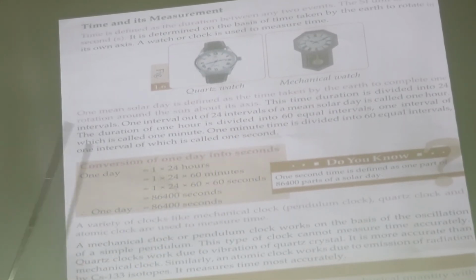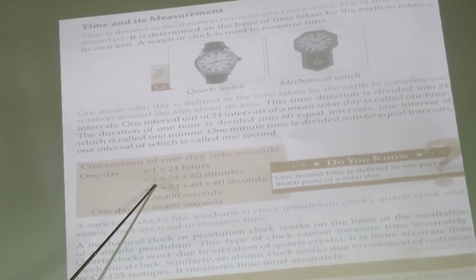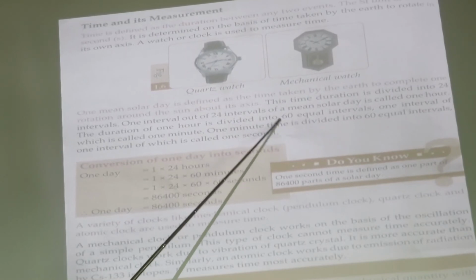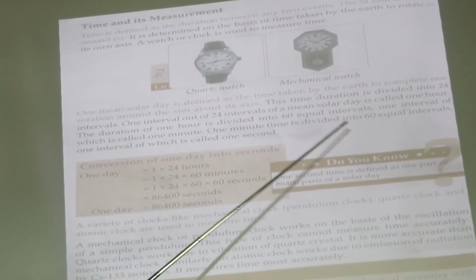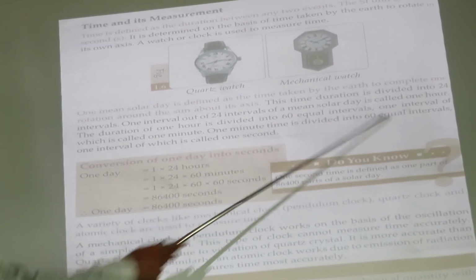And for the minute, the duration of 1 hour is divided into 60 equal intervals, one interval of which is called 1 minute.